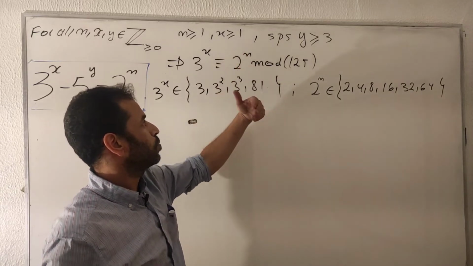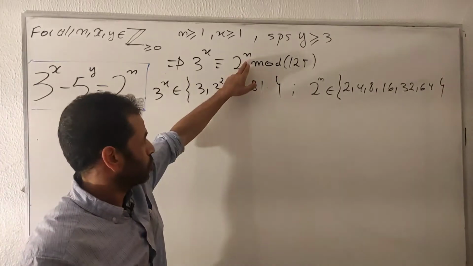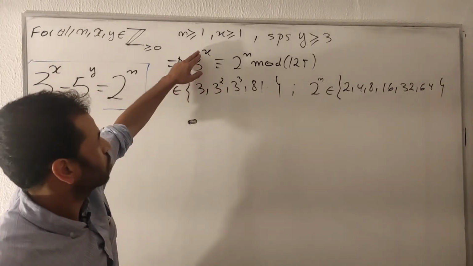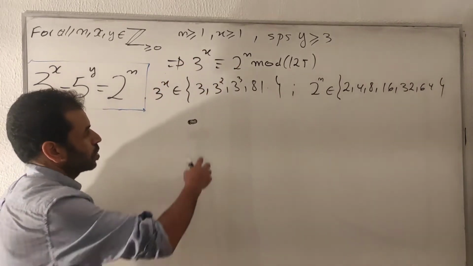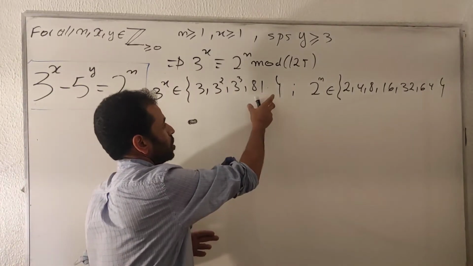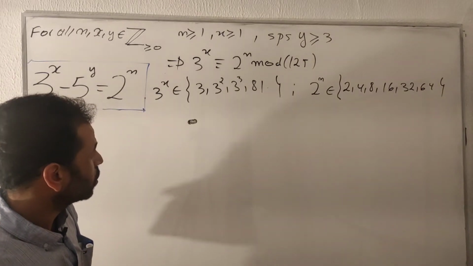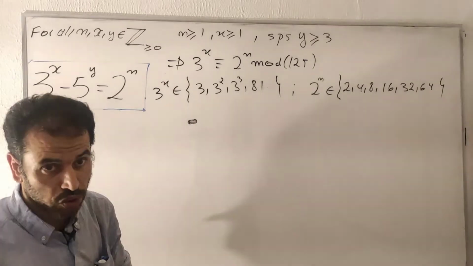These exponents will be huge numbers, so it will be more difficult to find the remainders each time, okay? Because this one is growing quickly, as well as this one, which means you will have a crazy calculation. So we are going to stop until we see the kind of patterns here. We are going to use a small technique here in order to determine the remainders for both terms, okay?